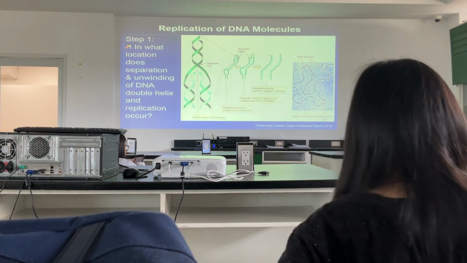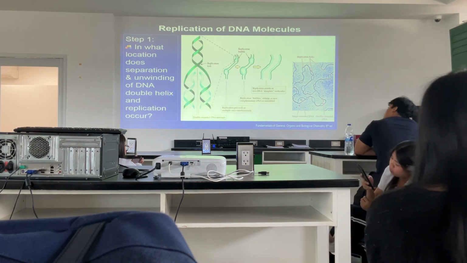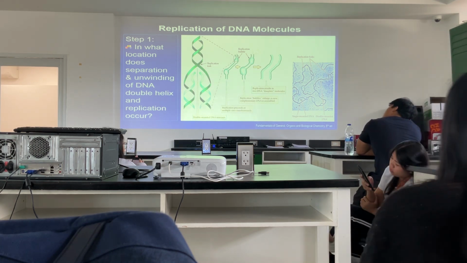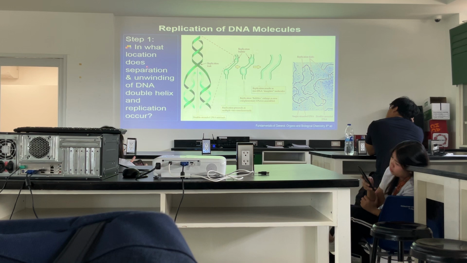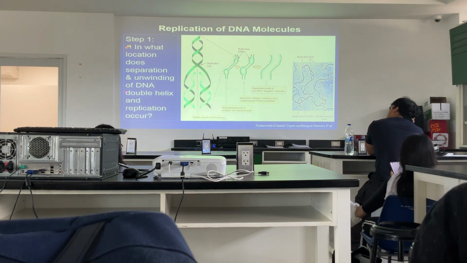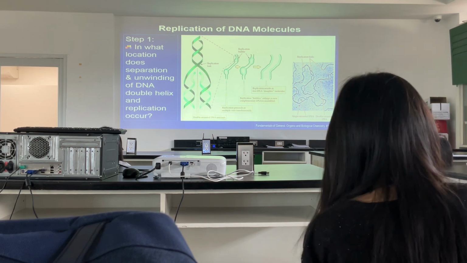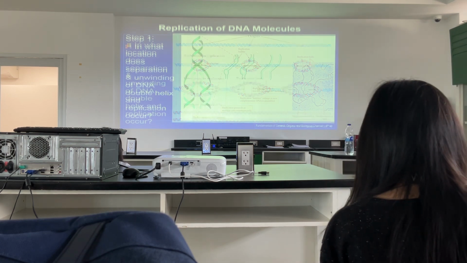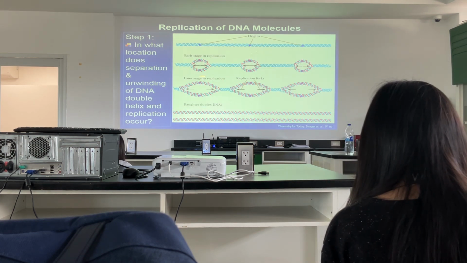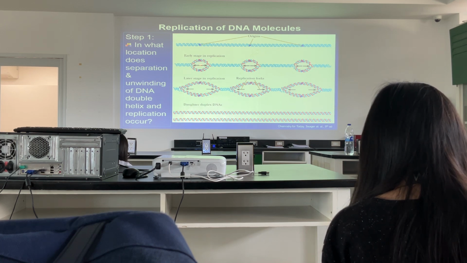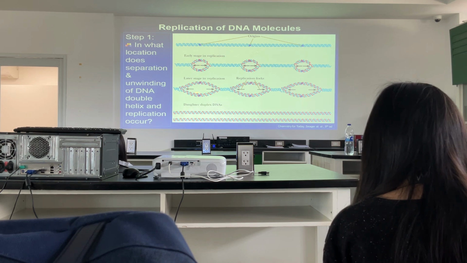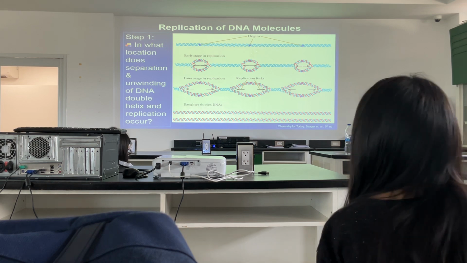Okay, we'll continue. So in what occasion does separation and unwinding of the DNA double helix and replication occur? It occurs in many locations in the DNA strand. So you have here what we call origins of replication. These are the sites where separation and unwinding of the DNA molecule will occur.